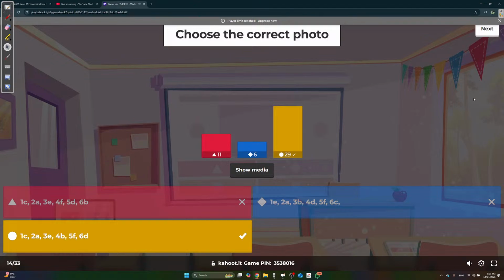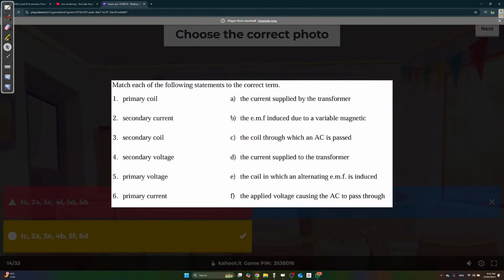Okay, if 11 people put part A, let's take a look. Obviously, the primary coil is the coil through which the alternating current is passed. It's not the one where the current is induced. Induced is what you get as the product, the final thing you get. So that's the secondary coil. So 1 is obviously C. The secondary current is the current that is supplied by the transformer, not to the transformer.